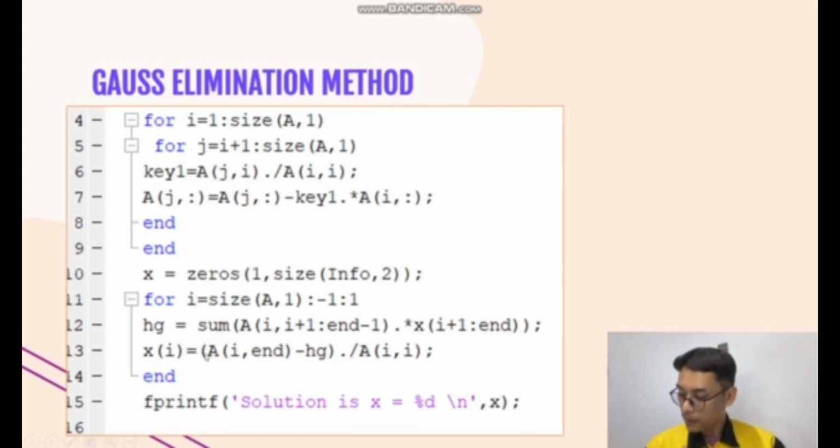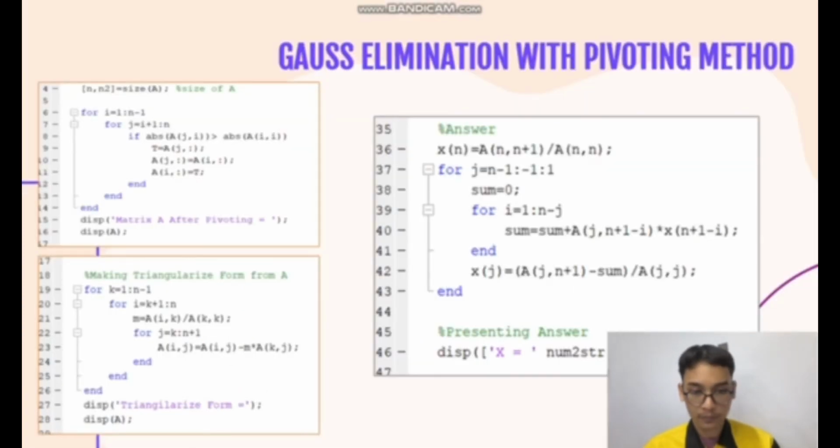And lastly, x(I) is the formula that we use to find our solution. Now we can put solution is x, so it will print our solution for each value of V1, V2 and V3. Now we move to the Gauss elimination with pivoting method.